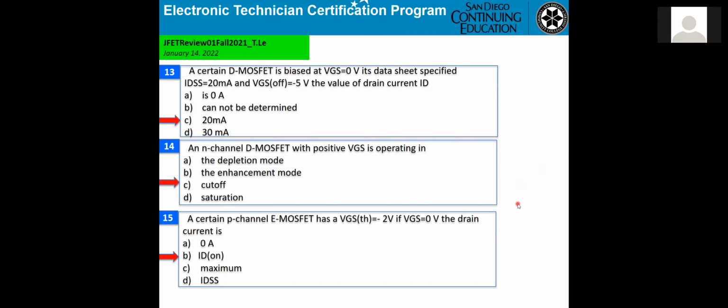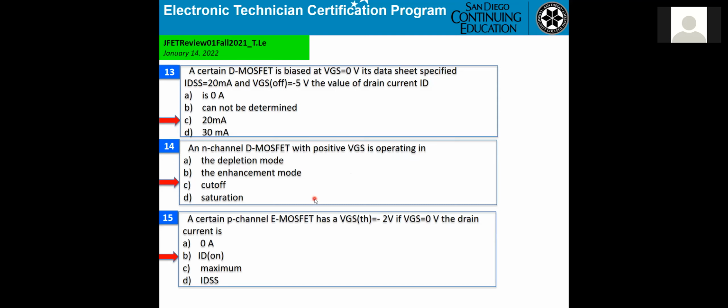Mr. Pham, number 14, shouldn't that be enhancement mode? An N channel D MOSFET with positive VGS, isn't that enhancing it? Now they will be in cutoff. Okay, so number 14, maybe I have to double check it later. I think it's enhancement mode.